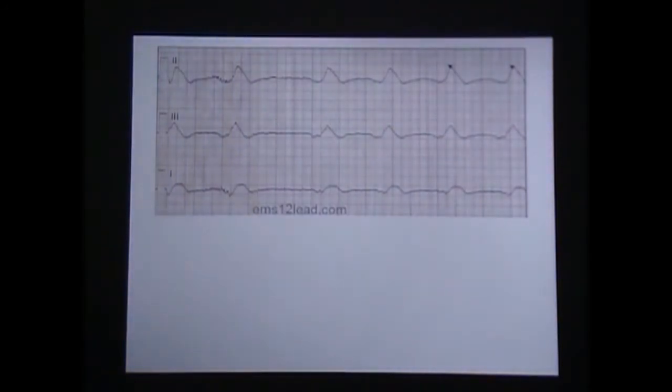So, I've only got a 3 lead on him. And I'm looking at this, and the first thing I'm going to do is check a pulse. Okay? But I do have a pulse with this. My general impression is that's awfully wide, I don't see a P wave, and it's getting slow. So that's my first impression. Is there a pulse? It's slow.